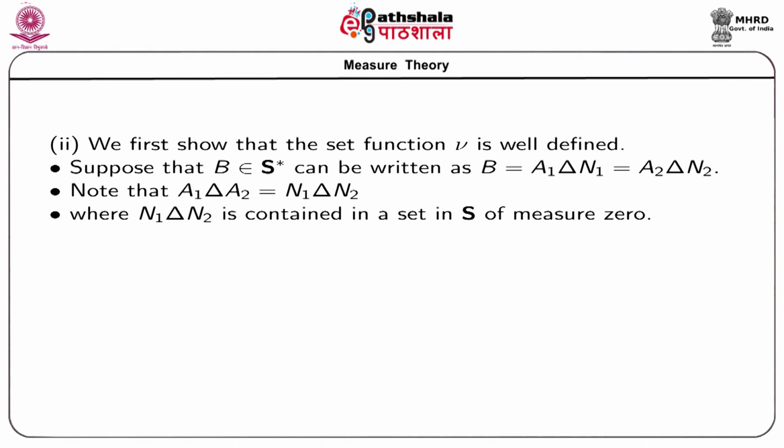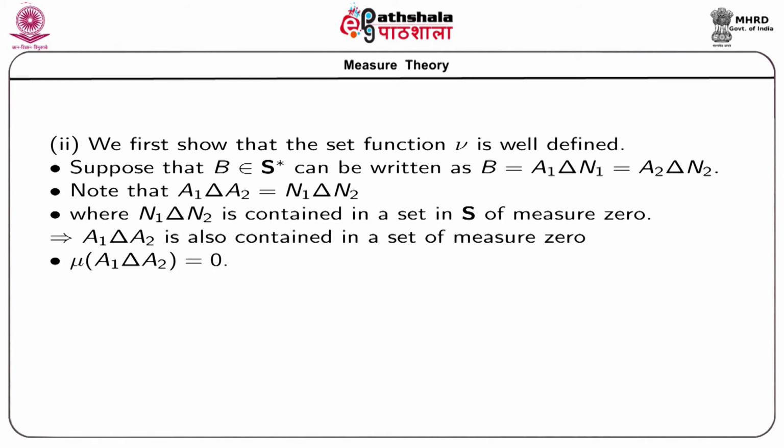Note that then A1 delta A2 is equal to N1 delta N2, where the set N1 delta N2 is obviously contained in a set in S of measure 0. Then A1 delta A2 is also contained in a set of measure 0, and we have mu of A1 delta A2 equal to 0.